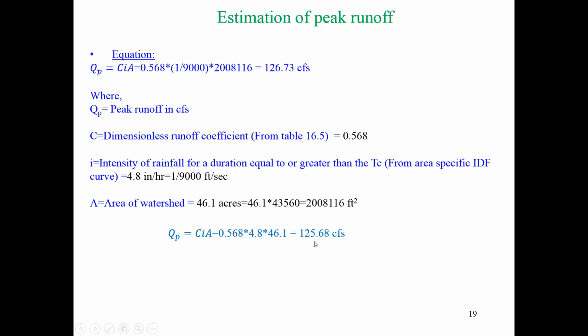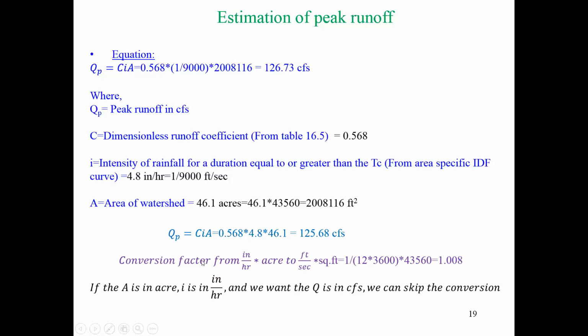That's because the conversion factor from inch per hour multiplied with acre to feet per second multiplied with square feet is 1.008. So if you have I in inch per hour and area in acre, you can skip all of this conversion and directly use those I and A values in that equation to find the total runoff in CFS.